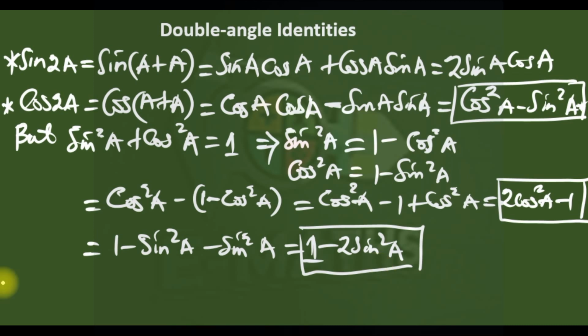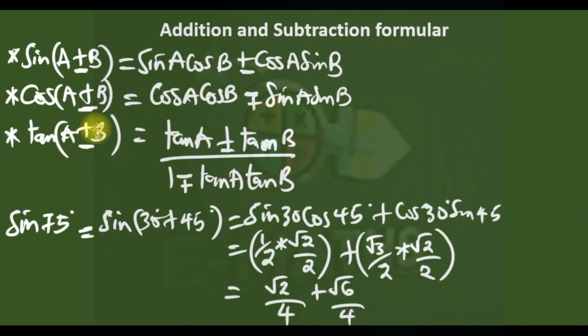So finally, for tan, we have tan 2a, which is tan of a plus a. Using our addition formula for tan, replacing b with a. Remember, we are using positive on top and negative at the bottom here.